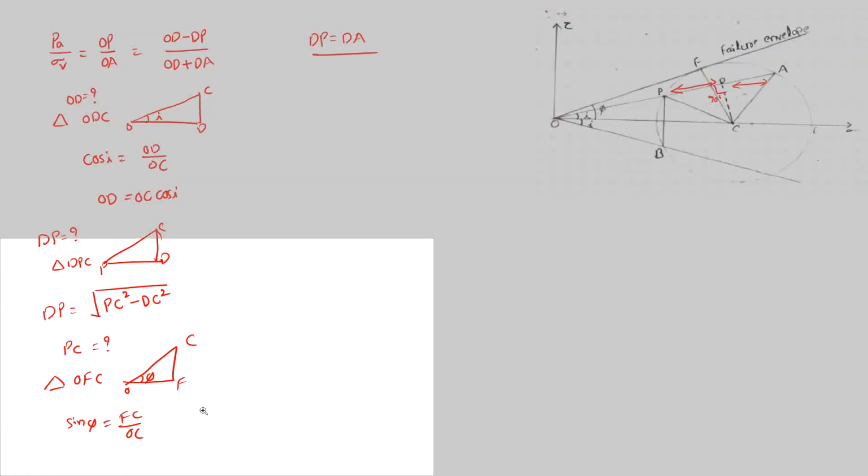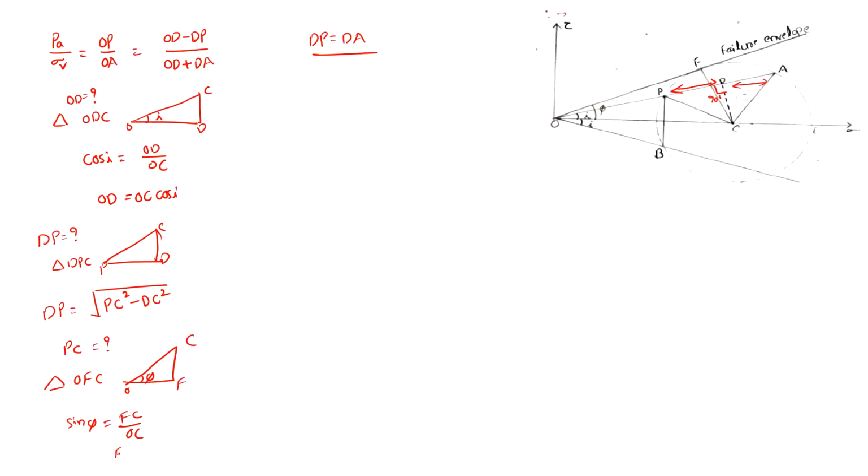FC we can write as OC sine phi. Here FC we can also write as PC, because in the diagram we can observe the distances CP and CF are the same, because these are the radii of the Mohr circle. You can observe here, PC equals FC. The distance is from C, the center of the Mohr circle. So CP as well as CF are the same distances. So instead of FC, I can write PC.